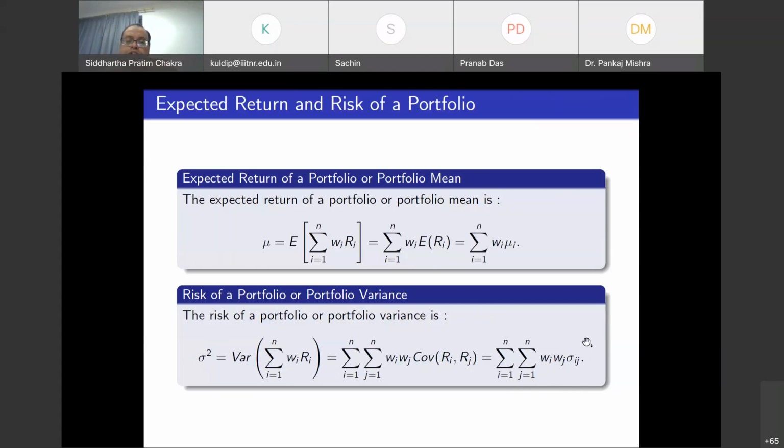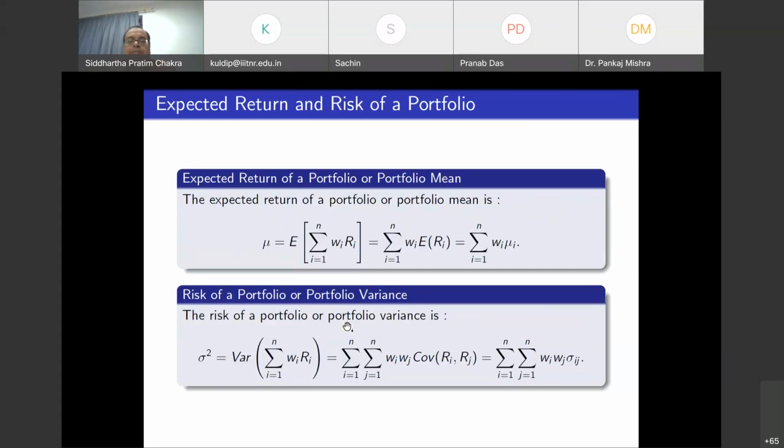So using this formula, I can calculate the variance of the portfolio as a whole. What we have done so far is look at the expected return and risk of an individual asset, and extend that to the expected return of the portfolio as a whole, as well as the corresponding risk of the portfolio as a whole.